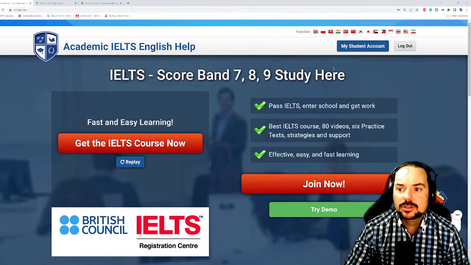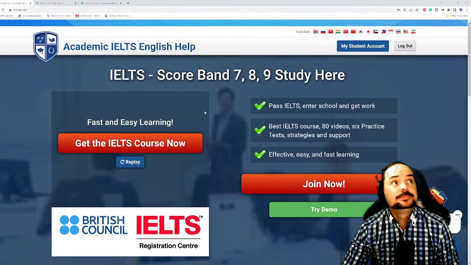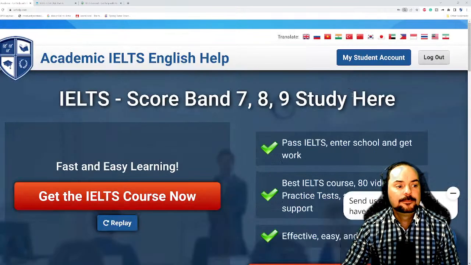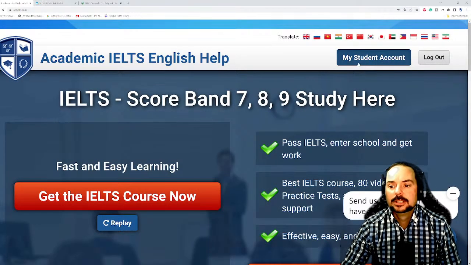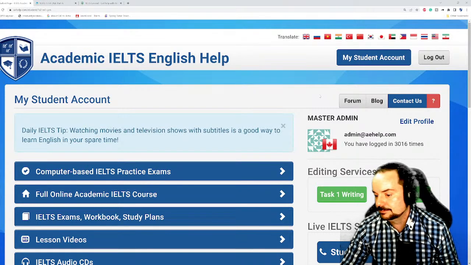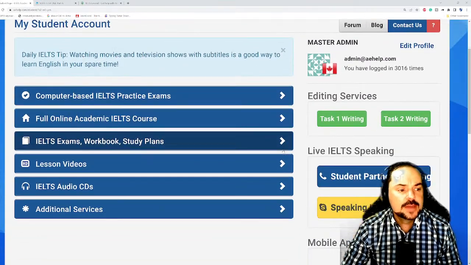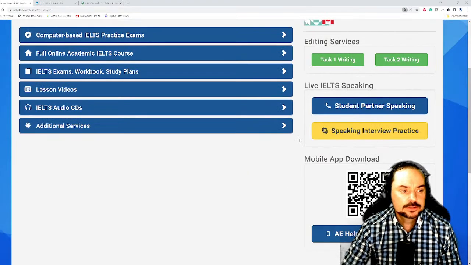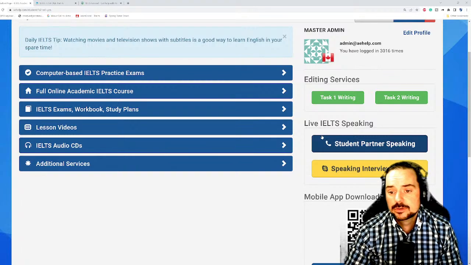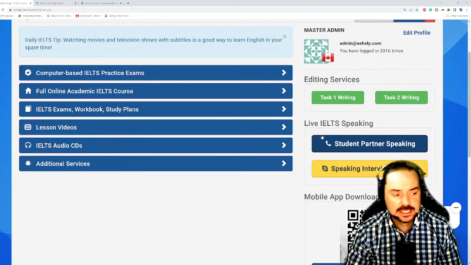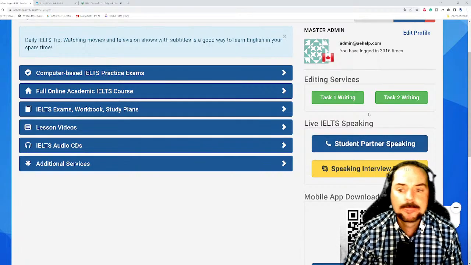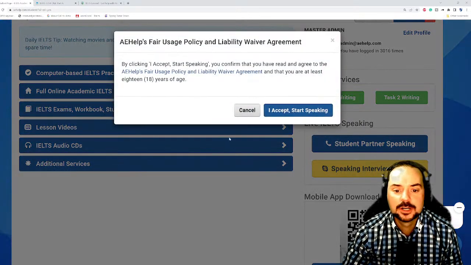Then go to your My Student account, up at the top if you're not logged in. If you're registering right now, it should just log you in automatically. Then you have this function here, Student Partner Speaking, up at the top. This is where you can talk to other IELTS students and practice your speaking and other parts of the IELTS with them.